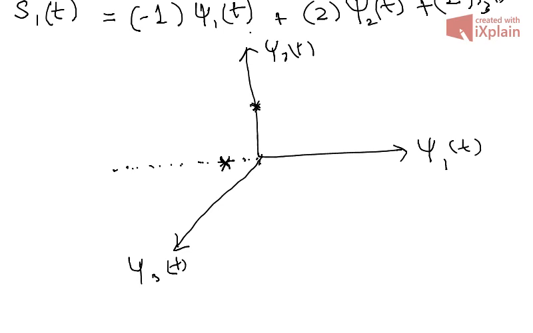This is psi2, and psi3 is again 1, so it seems to be somewhere here. Psi1 is 1, so it would be here. So the point would be somewhere here. I can say that this is my vector.